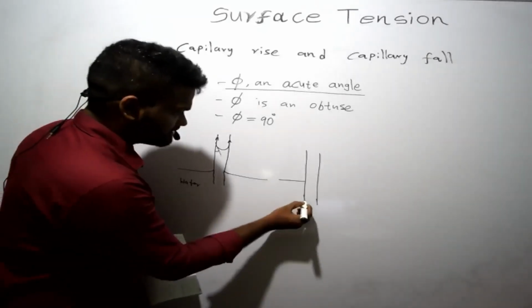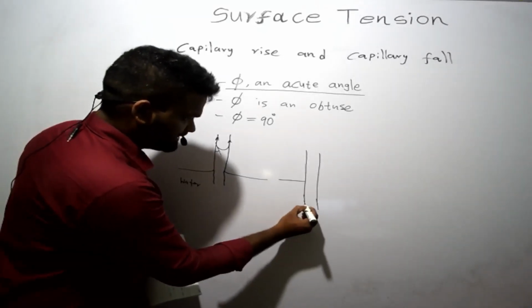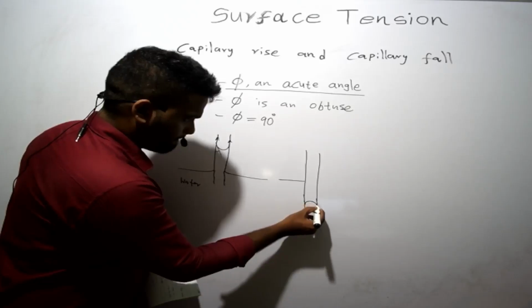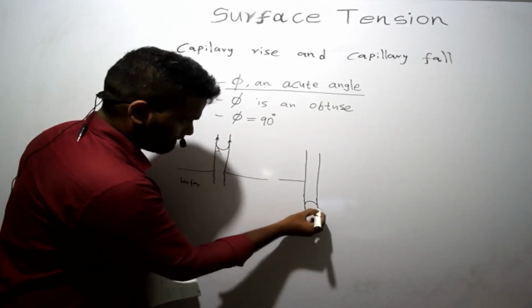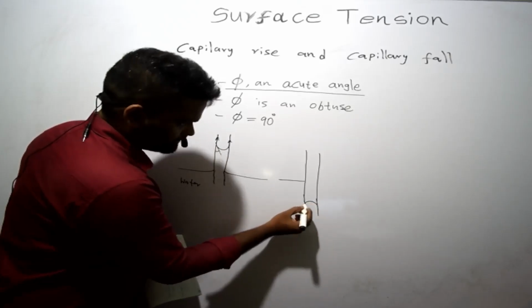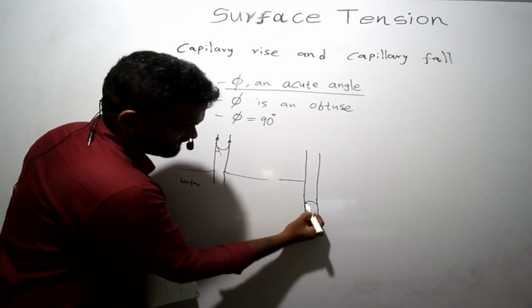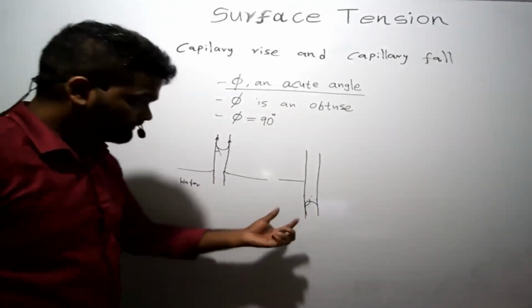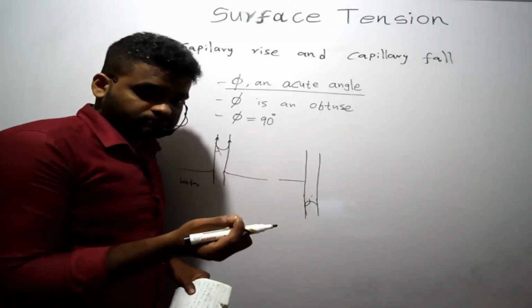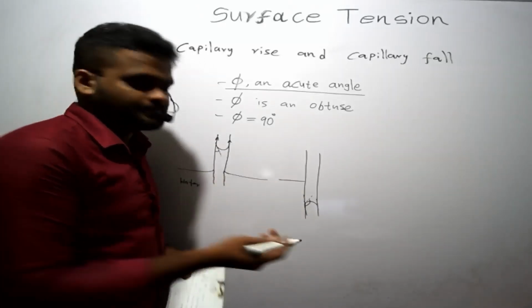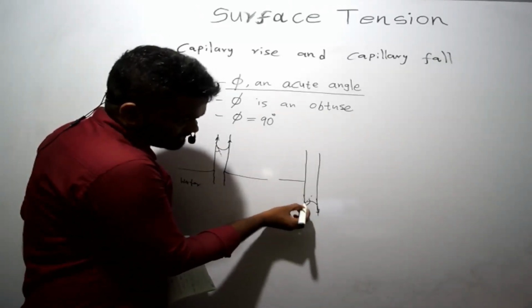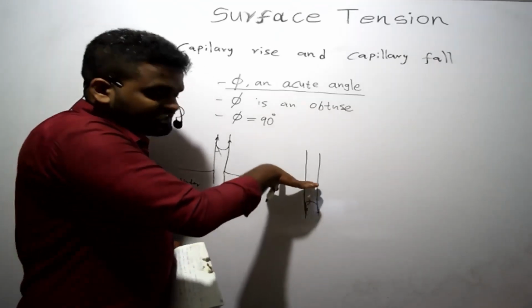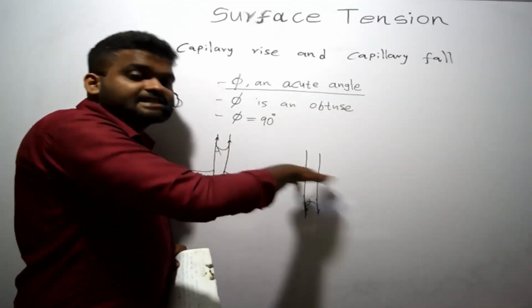So the meniscus would be like this. You can see this tangent and this tangent angle is obtuse, right? To which direction are surface tension forces working? Now it is working downwards, so the liquid level is pushed downwards inside the tube.